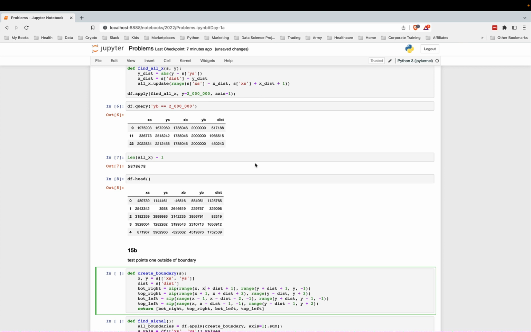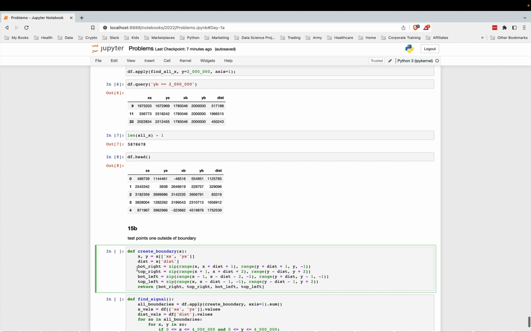The top right, bottom left, and top left. So I created all these, actually I zipped together the X and the Y. So I found those boundaries, and I'm looking just one outside of those, right? So not right on the boundary, because that will be equivalent distance. The distance has to be one more.